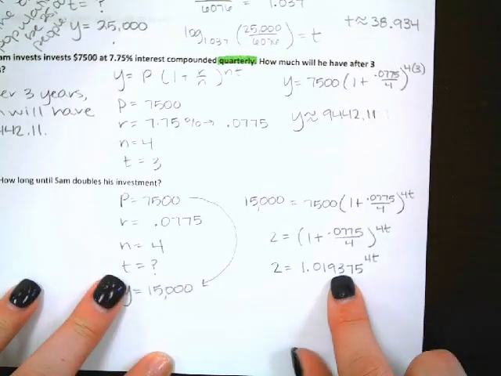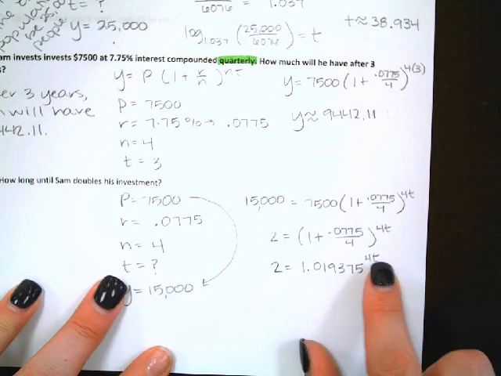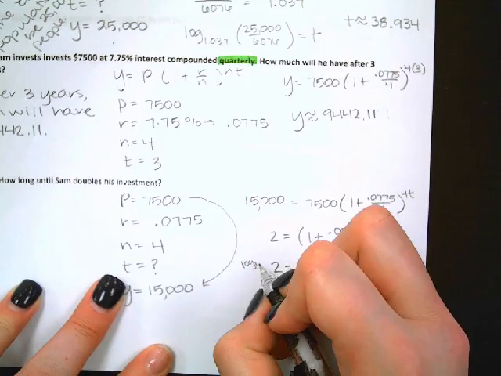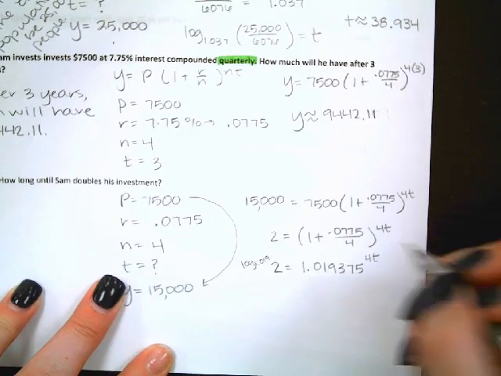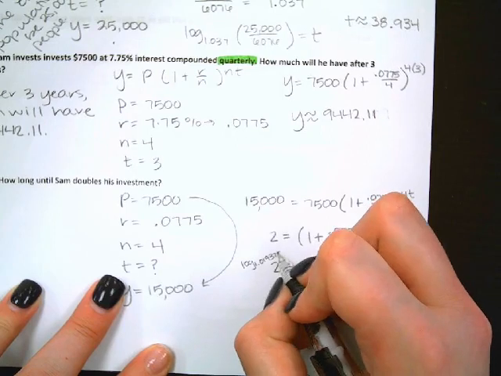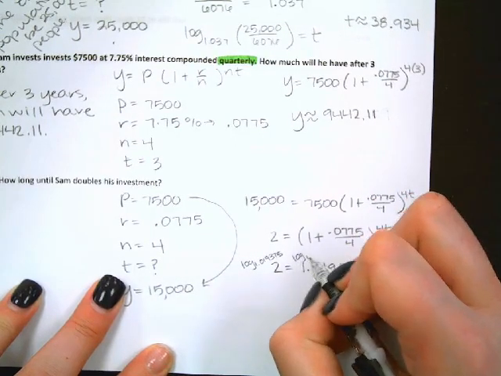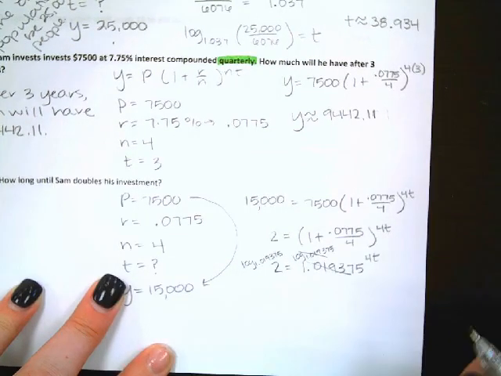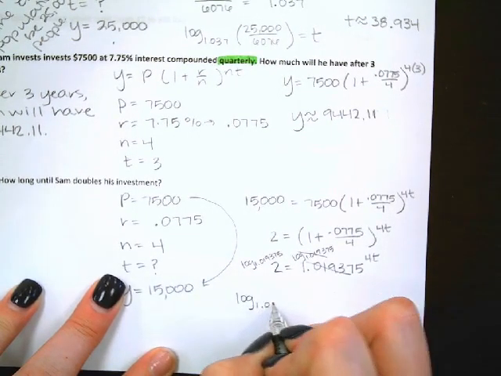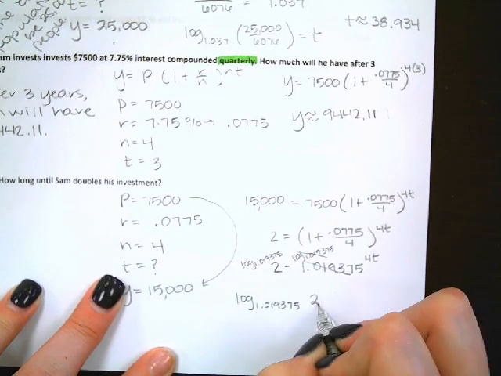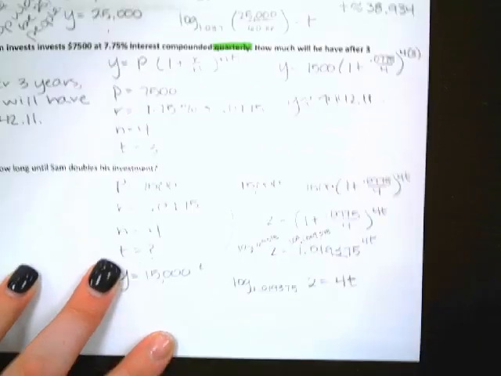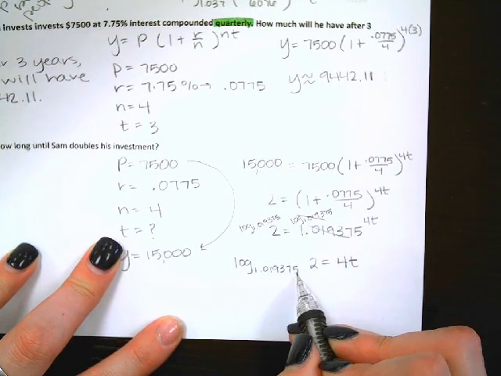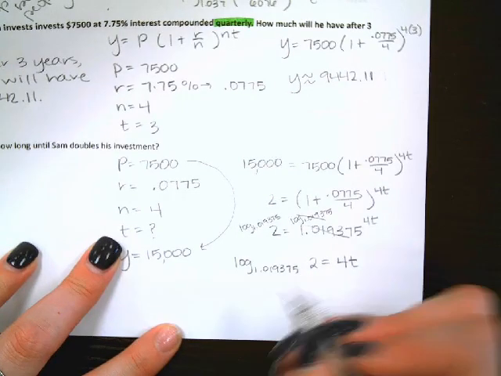So now I need to get rid of this base of the exponent so I can get to the t. So I'm going to do log, and I'm going to do that base on each side. So log base 1.019375 on the left side, log base 1.019375 on the right side. Those cancel. And so I'm going to go ahead and do log base 1.019375 of 2, divide the 4 over.